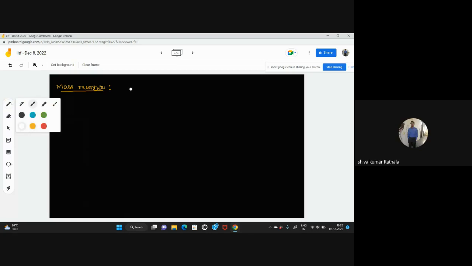So mass number means simply the sum of protons plus neutrons.